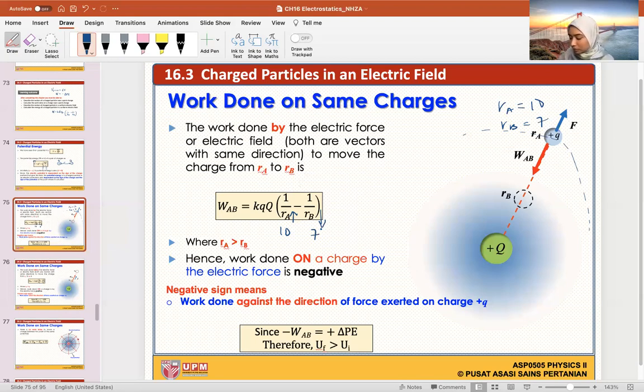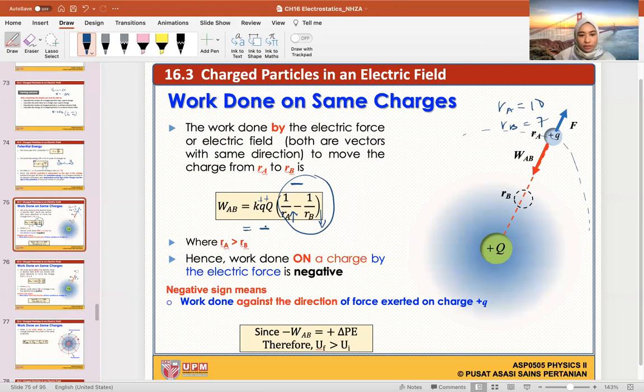So I will get a negative value for this part. This is just an example. So when RA is greater than RB, then my sign here is negative. My two charges are positive, so this is positive, this is positive. So my work is negative.